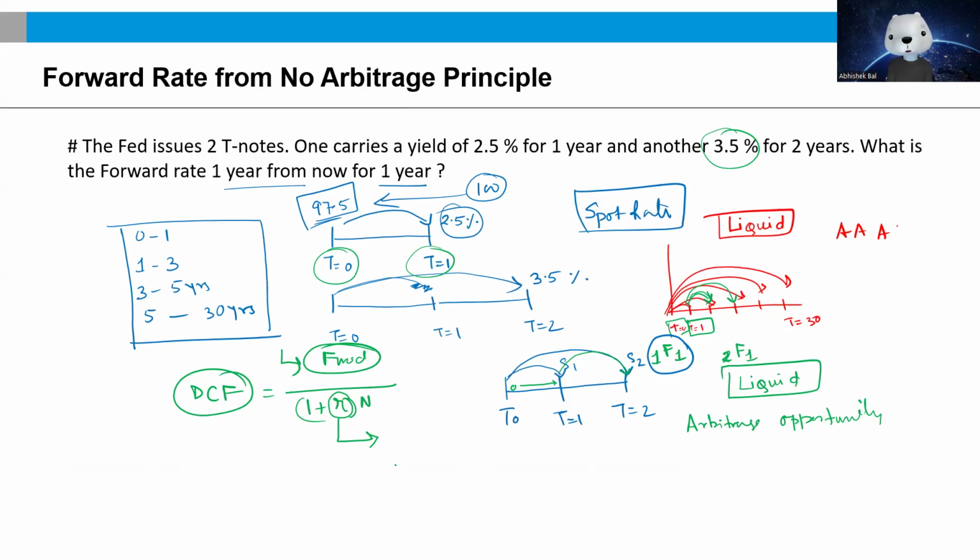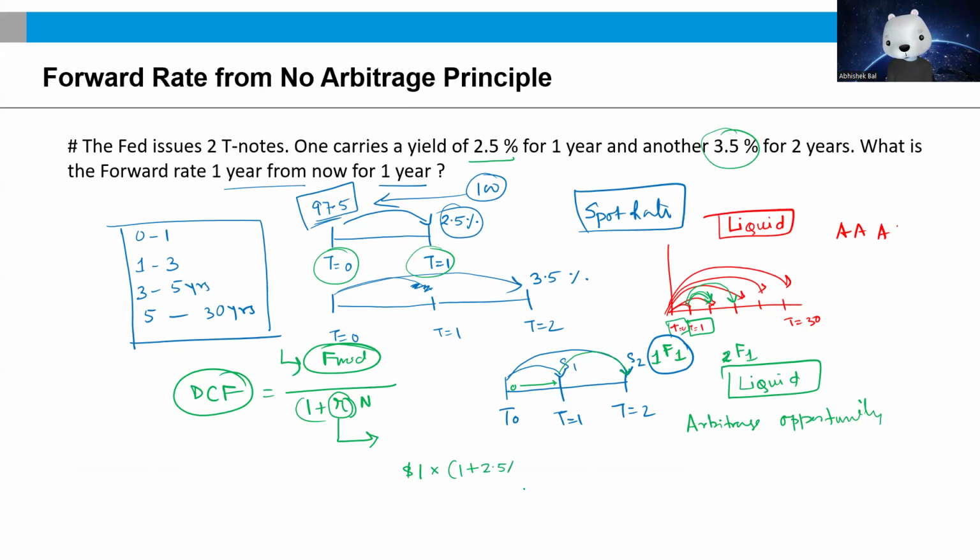So in other words, let's say I invest into a government security which is going to yield me 2.5%. Let's say I invest $1 in this security for the first year forward rate. So it's going to yield me 1 into 1 plus 2.5%.